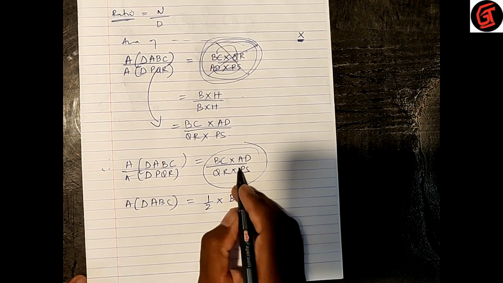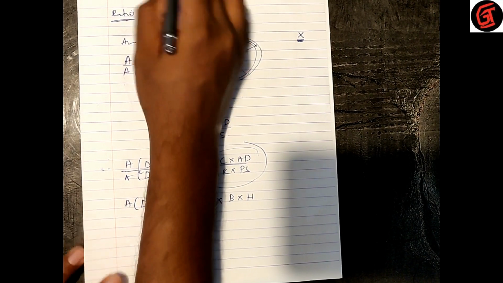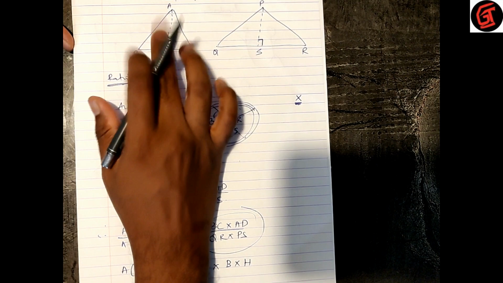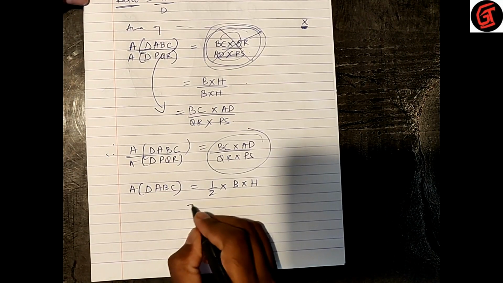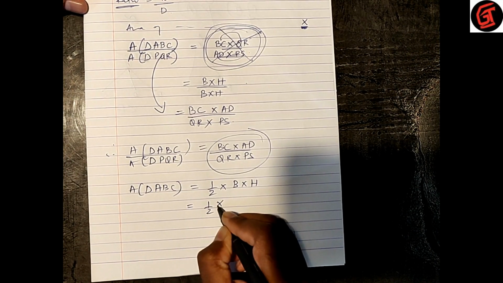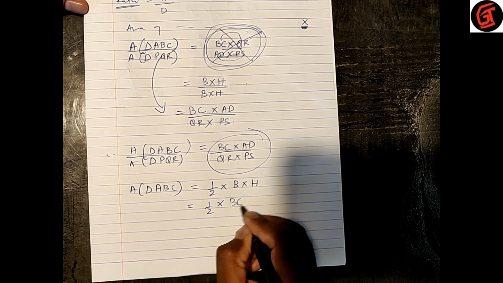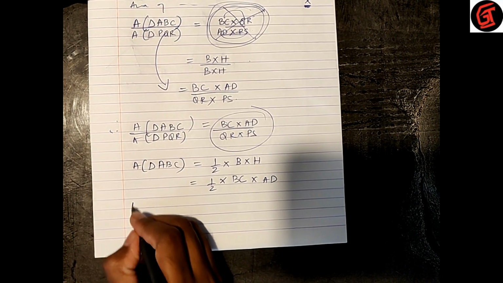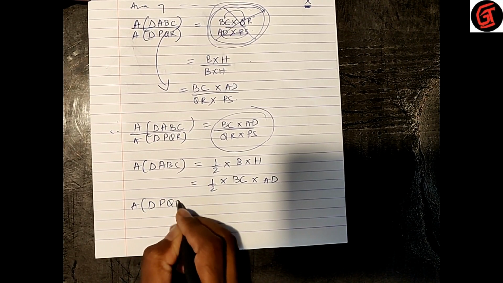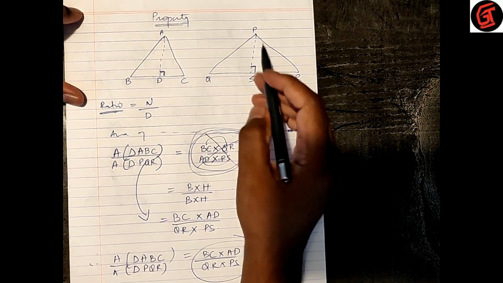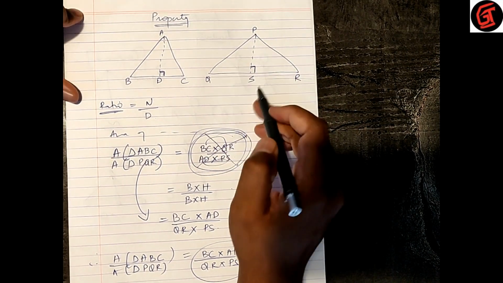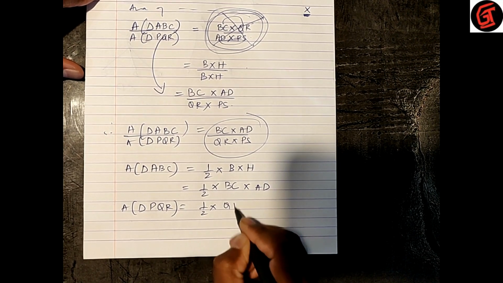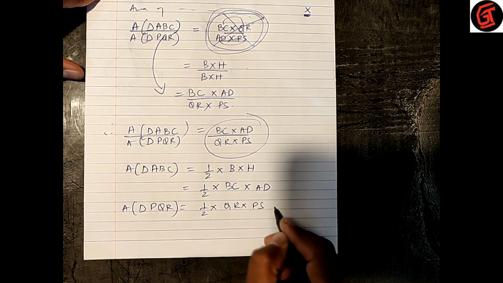So the area of this triangle is half into BC into height AD. Similarly, the area of triangle PQR is half into QR into PS.